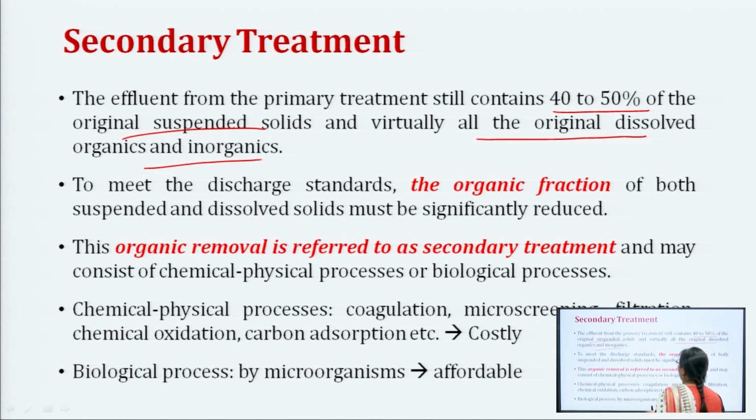The wastewater is right now very polluted, and you cannot discharge it to the river. So, to meet the discharge standards, the organic fraction of both suspended and dissolved solids must be significantly reduced, right. Inorganics were already removed by grit chambers.